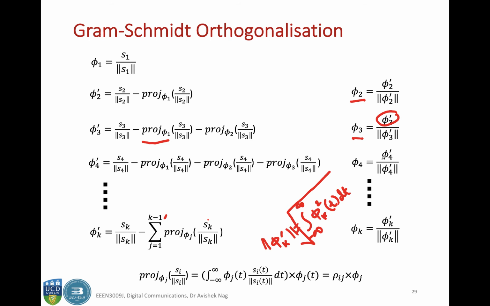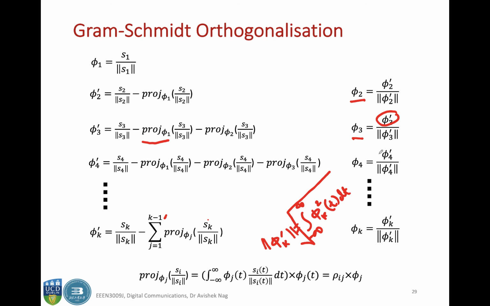In that way you get all the phi k, and you stop when you get a particular phi k equal to 0. So let's say I go iteratively from phi1, then I calculate phi2, I calculate phi3, and then suddenly at some point I get phi4 equal to 0. That is the stopping criterion.